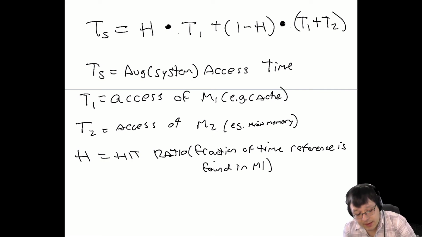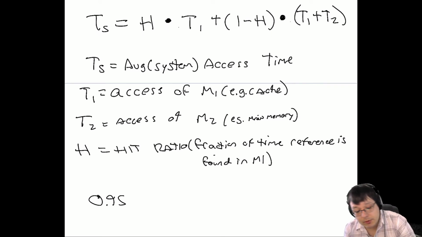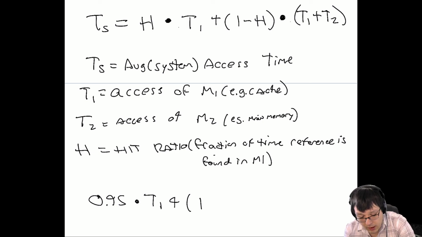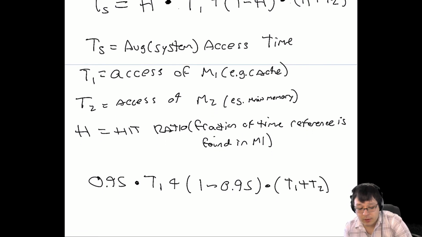So let's say that 95% of the time we hit the L1 cache, and that's where we got the data. If that is the case, then we would say 0.95 times the time it takes to access L1 cache, so for now we'll just say T1, plus 1 minus 0.95 times T1 plus T2. What is 1 minus 0.95? That's just going to be 0.05.